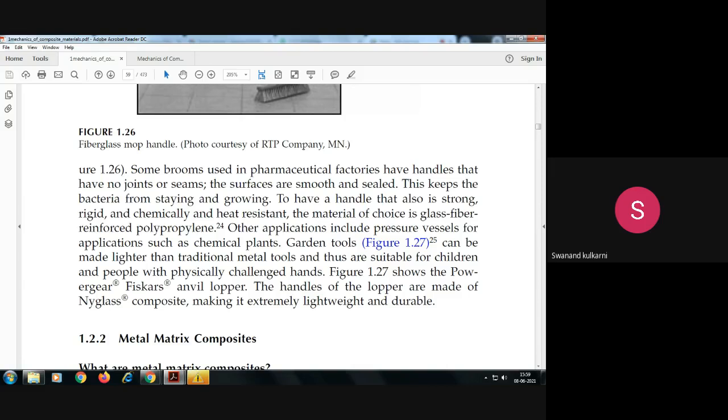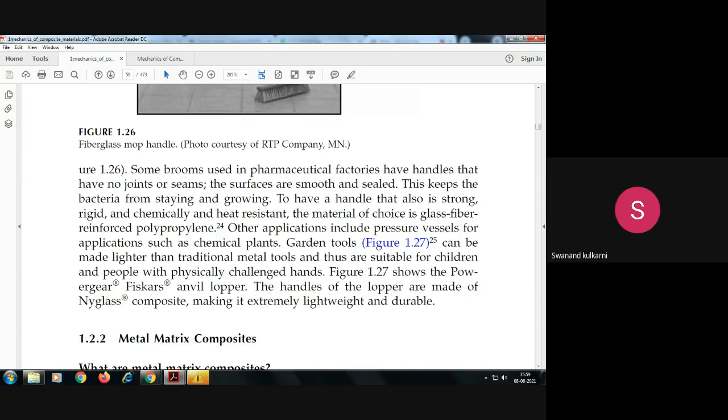But in pharmaceutical industries, as far as this chemically and heat resistant, strong, rigid material is concerned, the glass fiber reinforced polypropylene is used. Polypropylene is the matrix material here, and glass fiber is the reinforcement material.